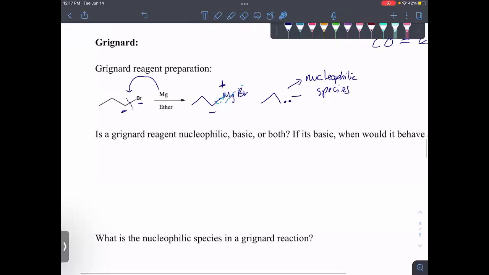Bases are usually negatively charged and they want to take a proton to resolve that negative charge. They hate that charge, especially the carbon. The carbon really hates the charge, so it wants a proton to come in and stabilize this and make it neutral. So it is both.